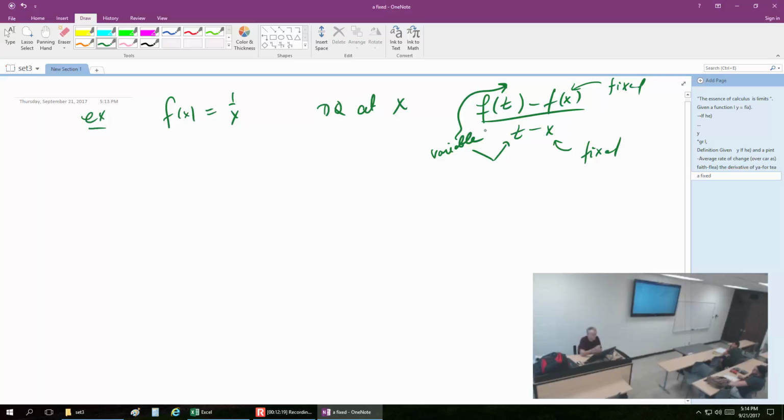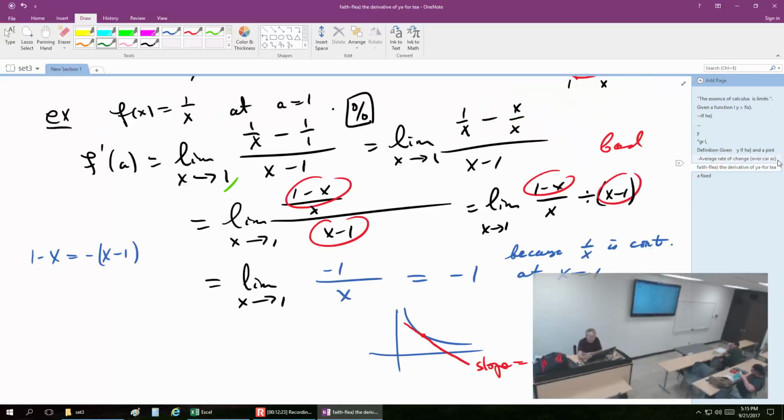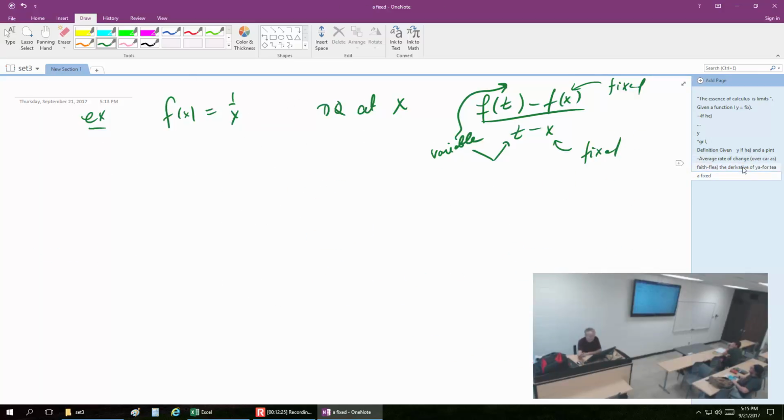So let me do it without using lim as I did here. Let me just go with the difference quotient and simplify. The function is 1 over x, and I will replace x with t. I don't have to do anything with x, it is already x. The denominator is t minus x.